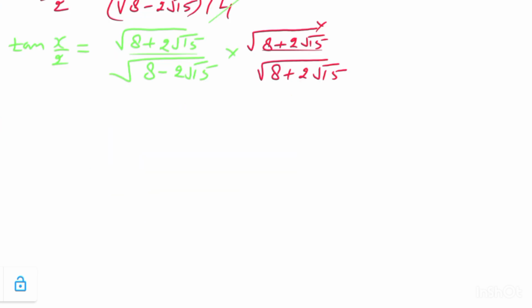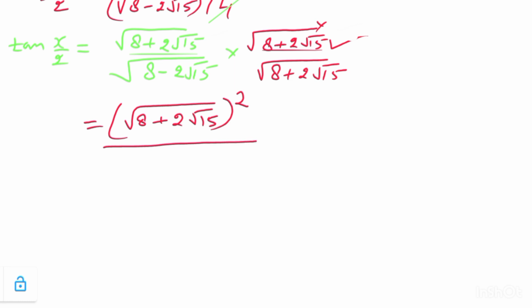Here we see this is 8 plus 2 root 15 into 8 plus 2 root 15, so this will be a whole square, upon, this is a minus b and this is a plus b, so a square minus b square, that is 8 square minus 2 root 15 square.